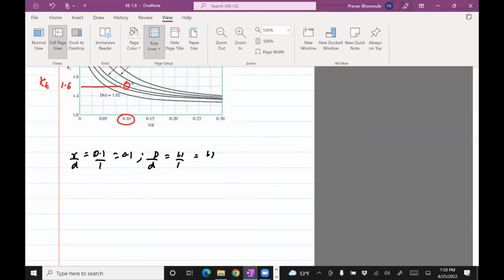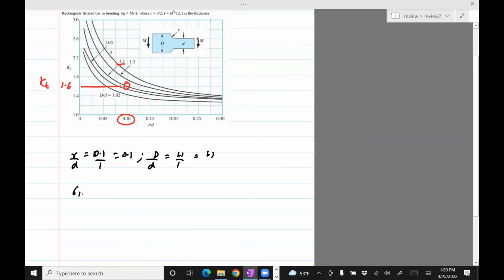Okay, so at B, we said stress at B is KT times M at B times y divided by I. So KT is 1.6, moment was 12.5.